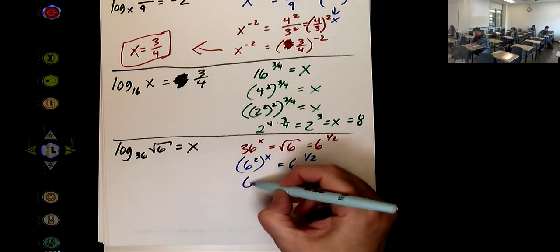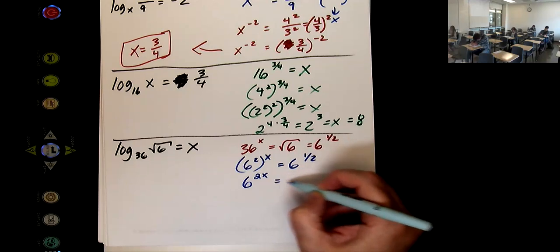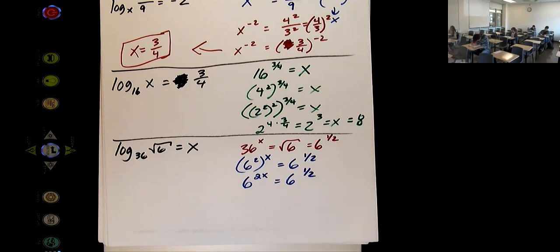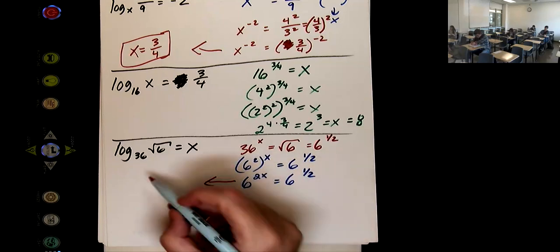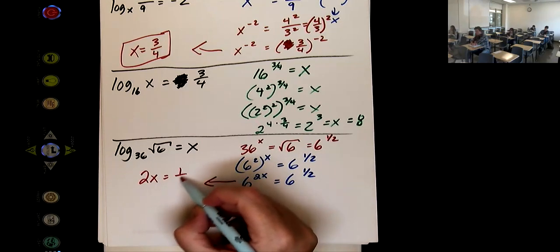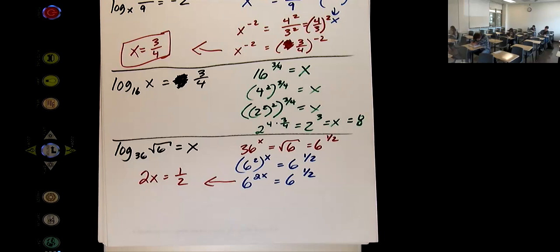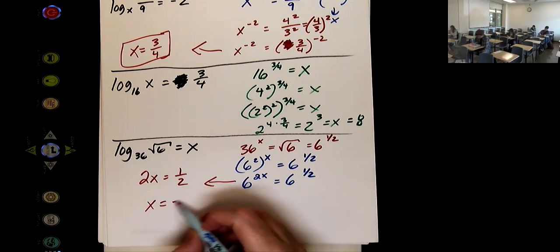And using our rules of exponents, this turns into 6 to the 2x equals 6 to the 1/2. The bases match, meaning the exponents have to match. So we end up with x equals 1/4.